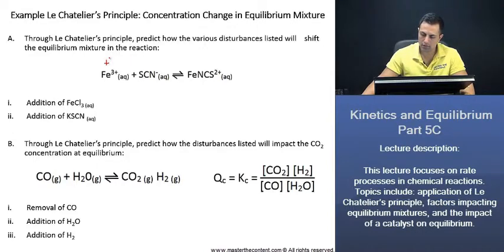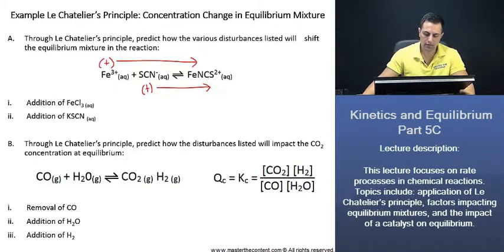And if we have an increase in reactant, then the reaction will shift to the right and we'll have product formation. Now, with the addition of potassium thiocyanate, again, we're going to have more reactant, right? And with the addition of reactant, the reaction will shift to the right.